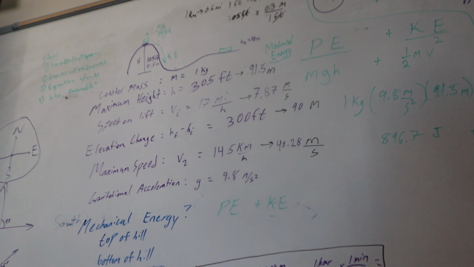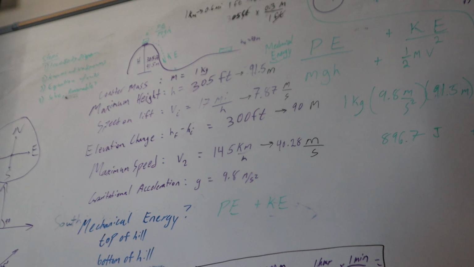I didn't type it. Where did you put it in your calculator? 7.87 squared, what did you put? Oh, I just did 7.87 times 2. It says square. It happens. I believe in you today, so I knew it was right. Why did you just divide it by 2?